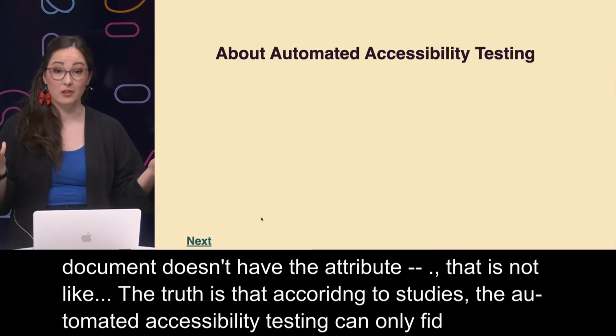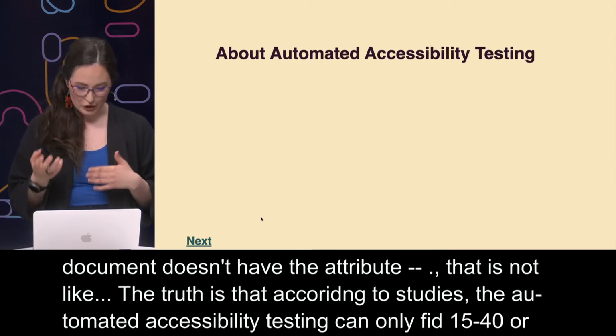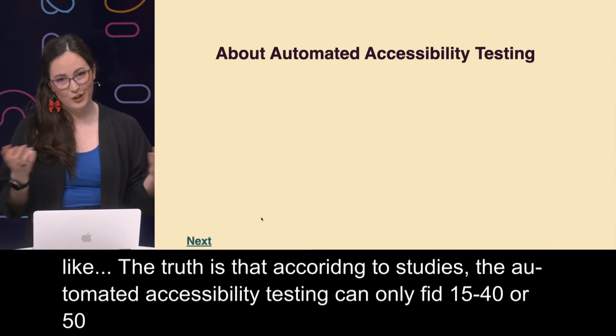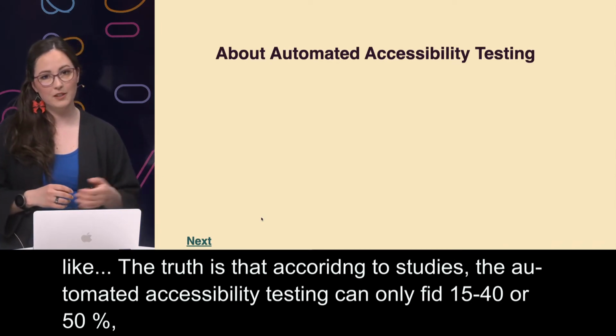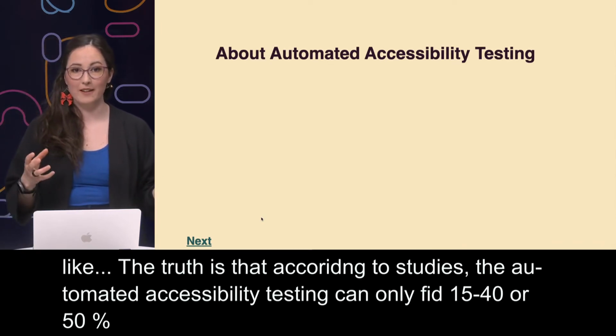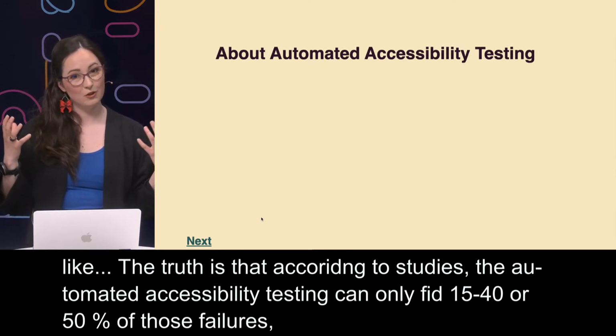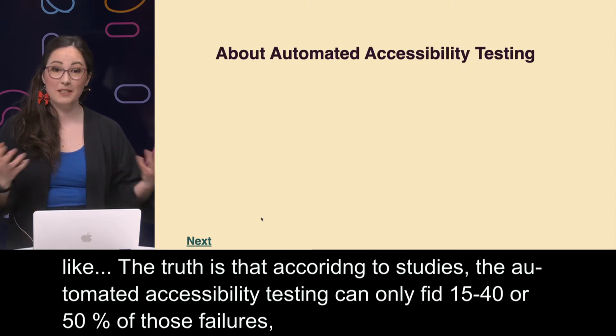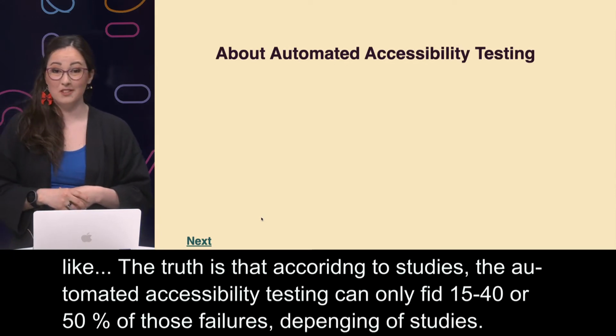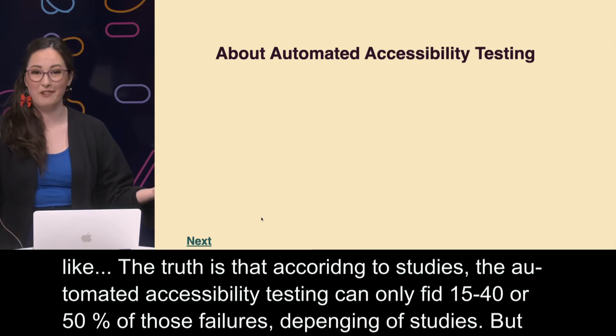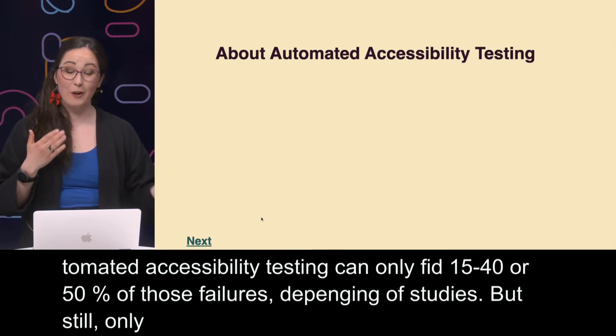It really depends on the study and methodology and lots of things. So even if the result is the best, 50 percent, this means that half of the problems are still nowhere to be found with automated testing.